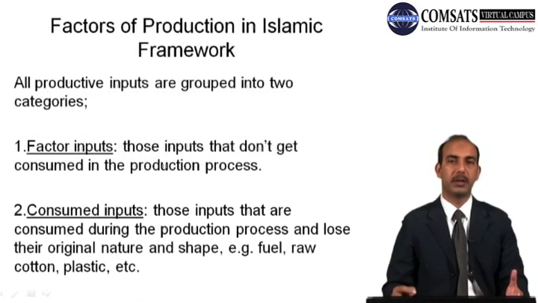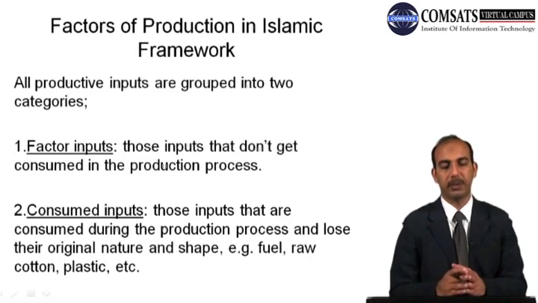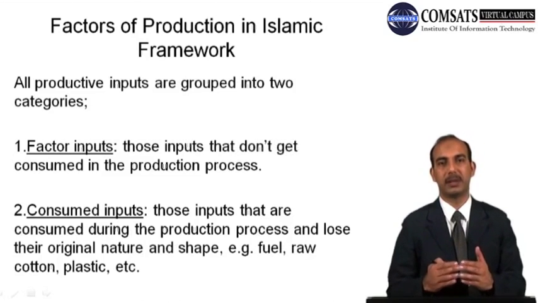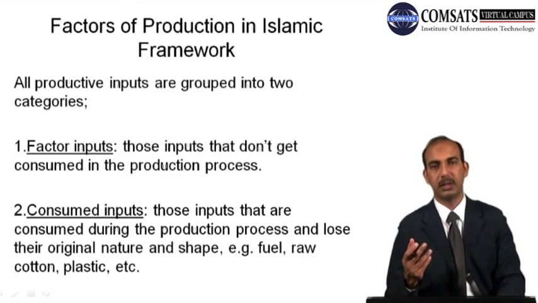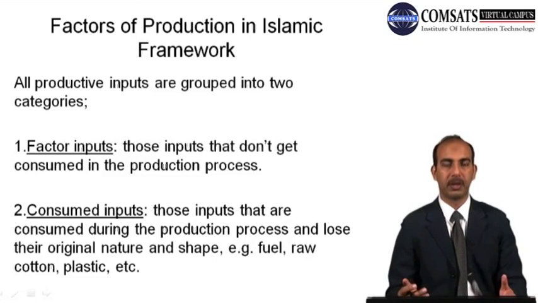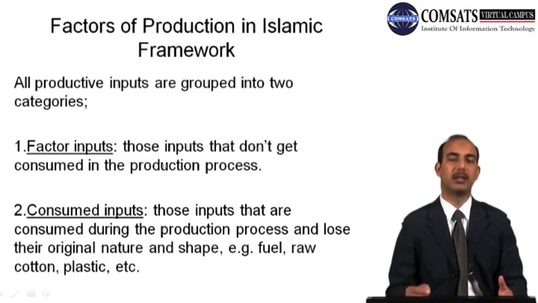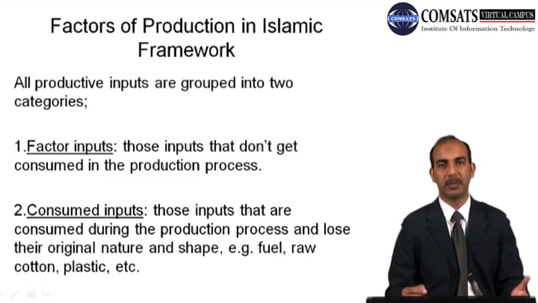Now let's discuss the factors of production in the Islamic framework. The Islamic economy divides the factors of production into two kinds: factor inputs and consumed inputs. Factor inputs are those inputs which are not consumed and they earn a reward. They might earn salary, they might earn wages, what we call ujrat as well, and they also earn rent.